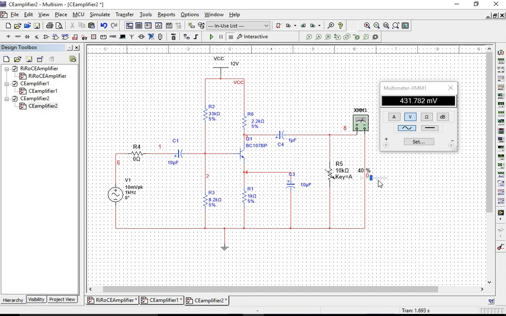Still we have to reduce. Still we can reduce, I think, 25%. Still we can reduce.